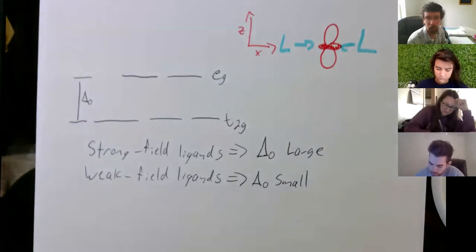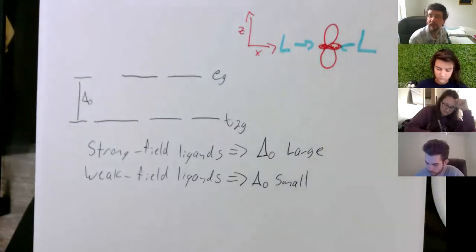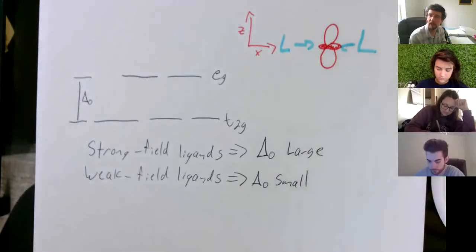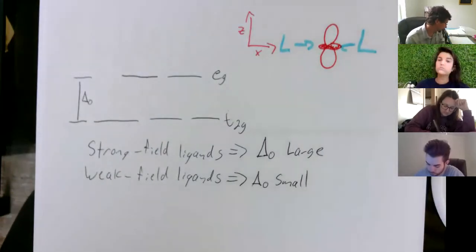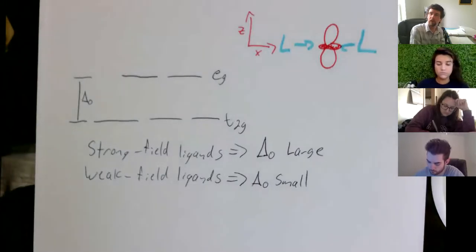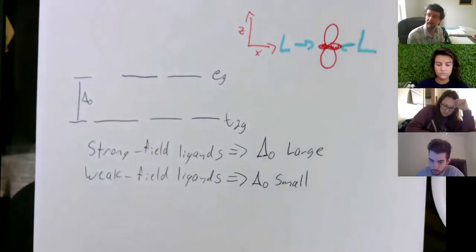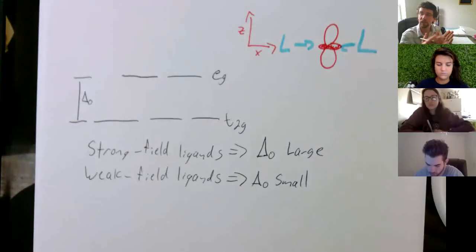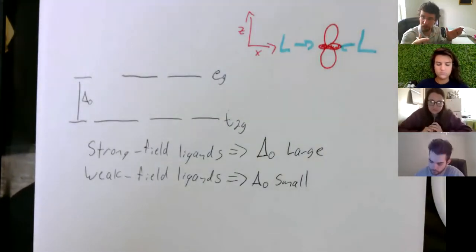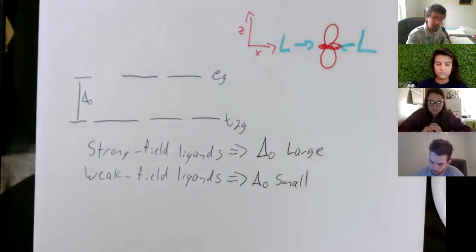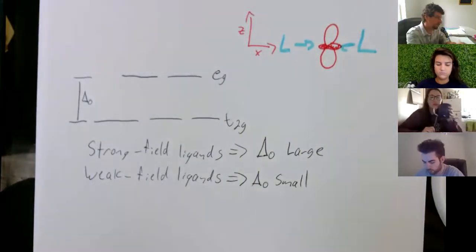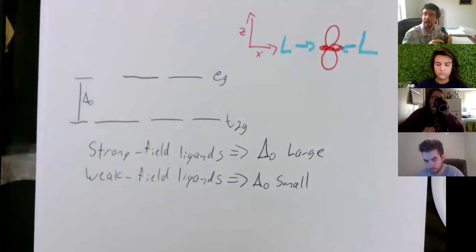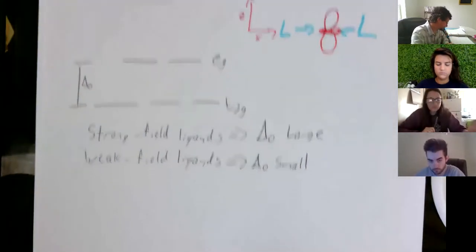Okay. And last time we looked at the halide ions, we considered pKa's of a couple different systems. So now what we're going to do is talk about what's called the Spectrochemical Series. What you can do is make an octahedral complex and change the ligands. What happens is the color changes, because these ligands are modifying this delta O and it's changing what's known as a d to d transition.